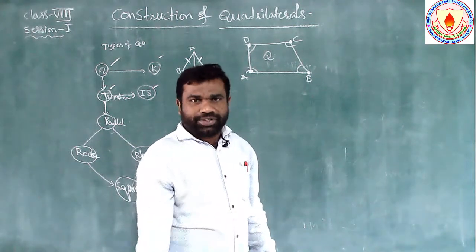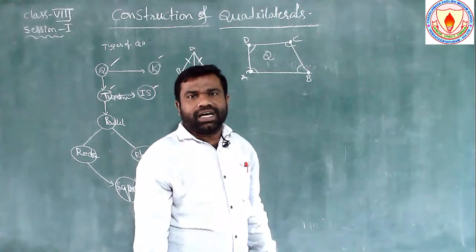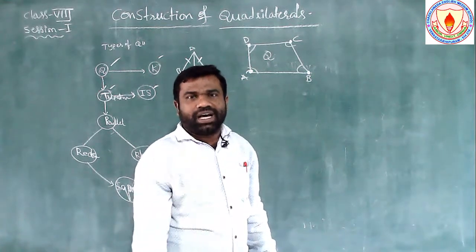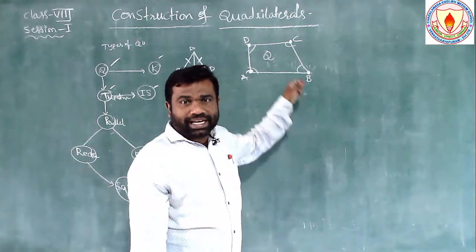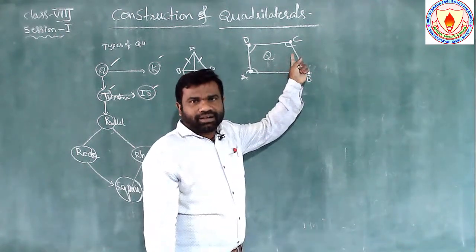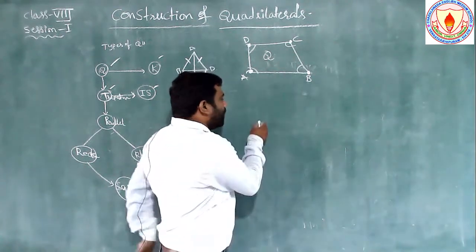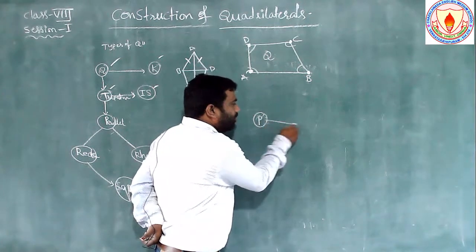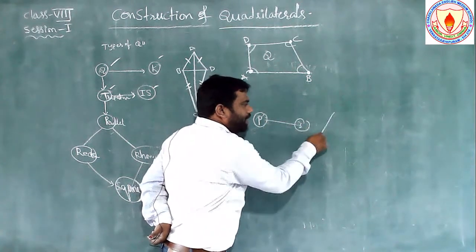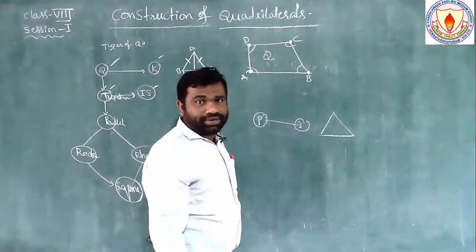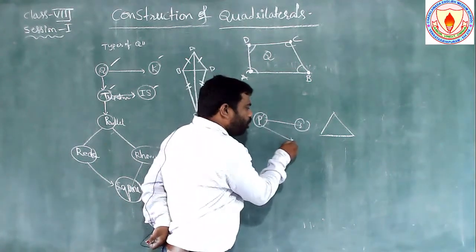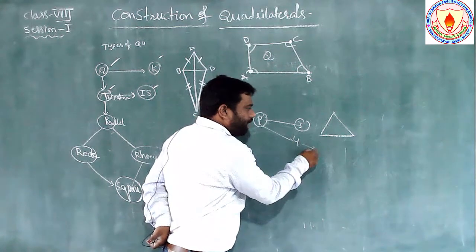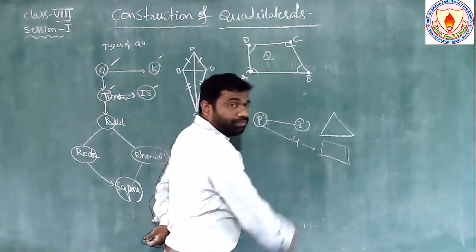Or another definition: a polygon having four line segments is said to be a quadrilateral. For example, a polygon having three line segments is a triangle, which we already discussed in previous classes. A polygon having four line segments becomes a quadrilateral.